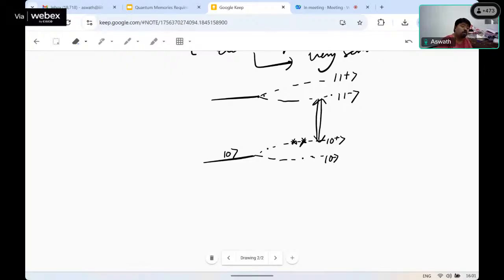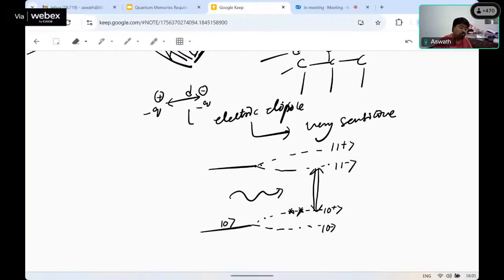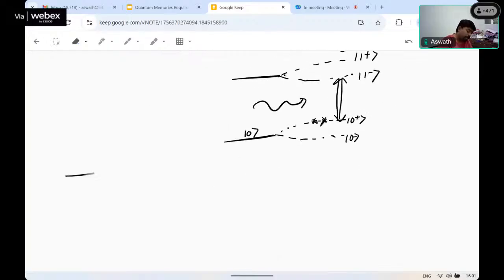The electron would move on to either 0 minus or 0 plus. Only when the incident light exactly suits this energy separation will I see absorption, otherwise no absorption at all. Right? So using this mechanism, people can measure the external magnetic field. At the same time, you can realize two superposition states out of this system and create a memory out of it. Okay, so that is an NV center memory.